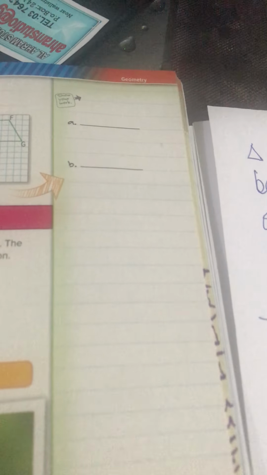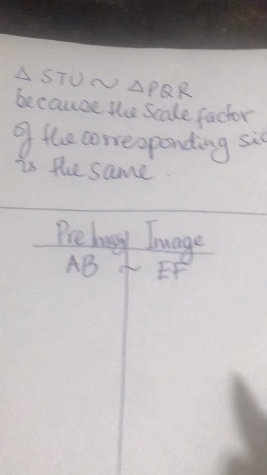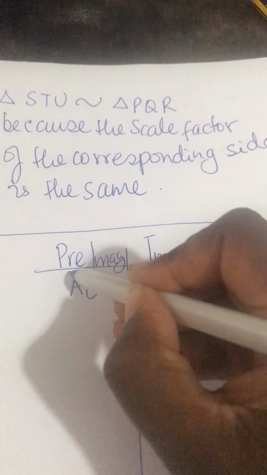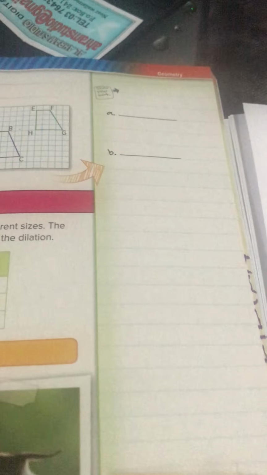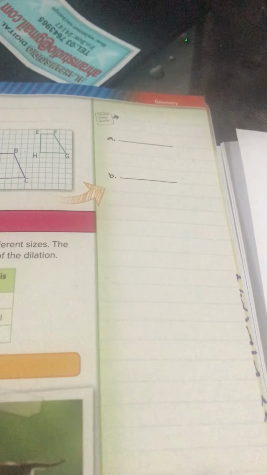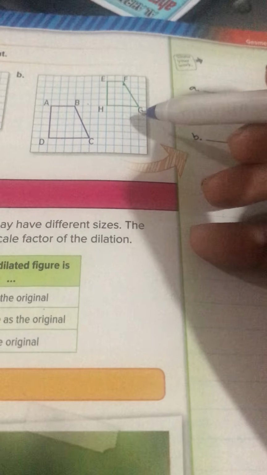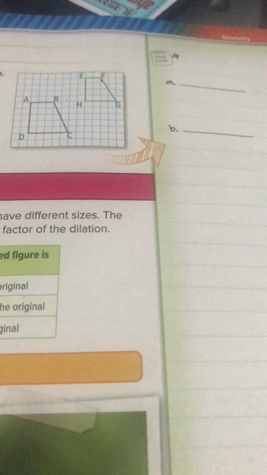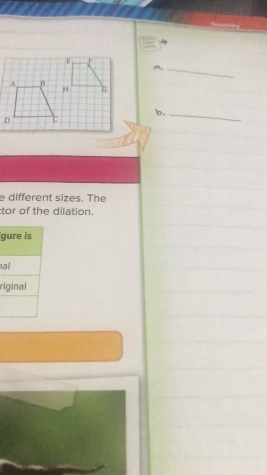So I'm going to do there. All right. So AB goes with EF. AB, EF. I will write like that. Okay? And since they're sides, I'll put a line here. And then BC with FG. Okay? BC with FG. Then CD with GH.